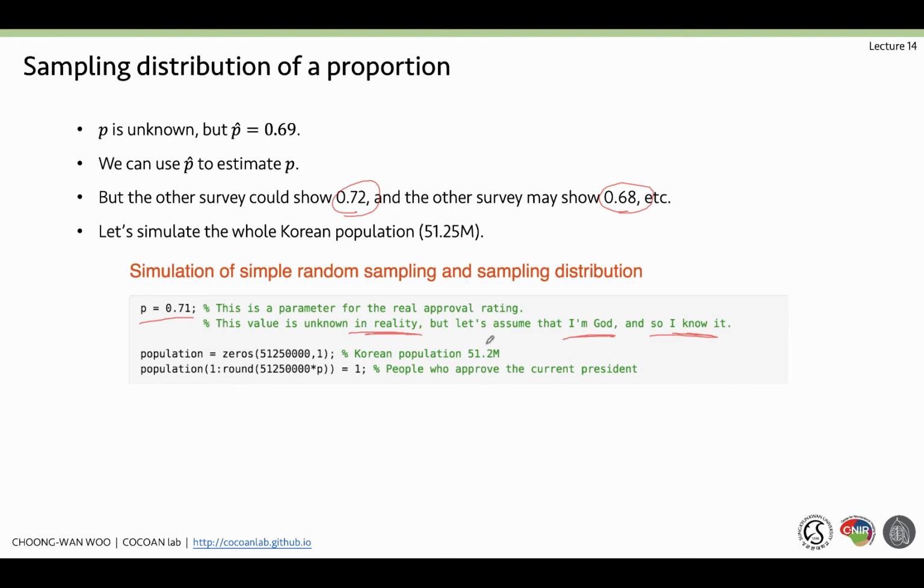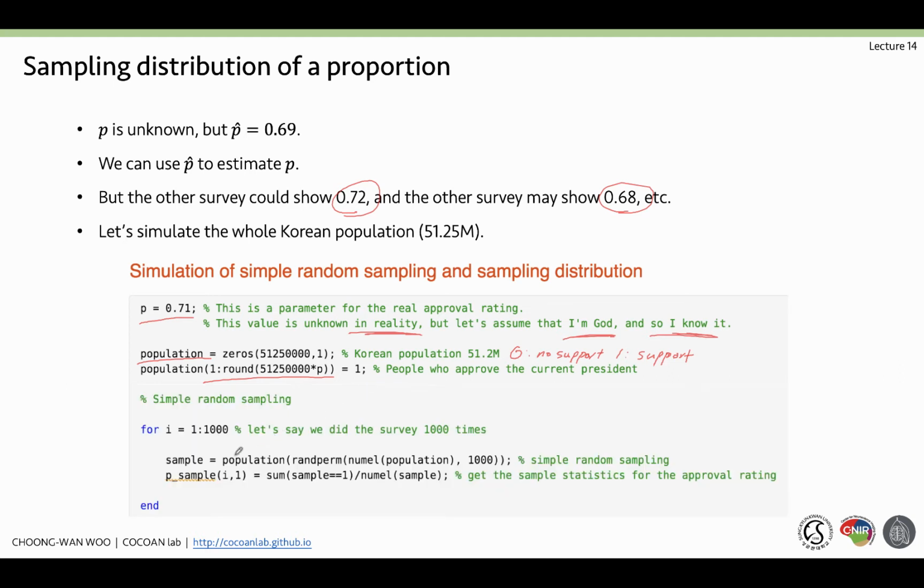And then I actually created a population, a vector for the population. This is actually 51.225 million people. And zero means no support. And I made some of them one. One is support. In this MATLAB programming, I took this number of people times 0.71, then made them one.